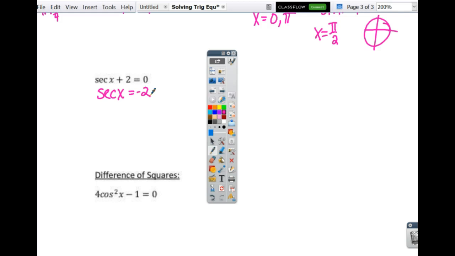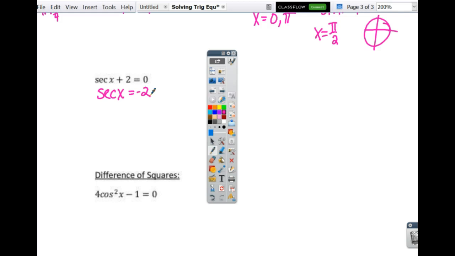I know the secant is the reciprocal of what? Cosine. So instead of having the secant of x equal to -2, that would be the same as the cosine of what? What do I have to do if I make this cosine?